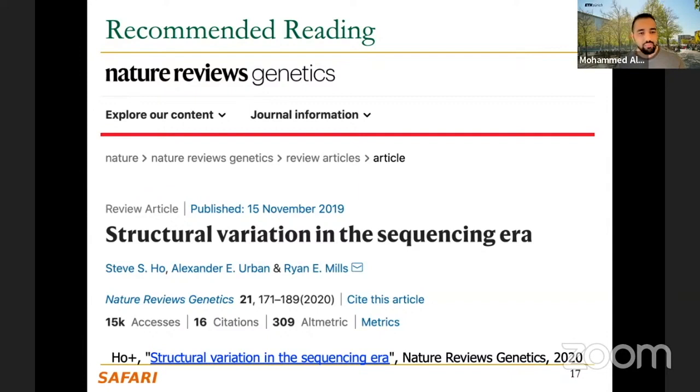Structural variation means any variation, whether insertion, deletion or substitution, that is larger than 50 characters. So if you have a deletion of more than 50, then we call it structural variation. And in this paper, you'll see a lot of methods, a lot of algorithms and types of structural variation, so you can get a good introduction to this topic.